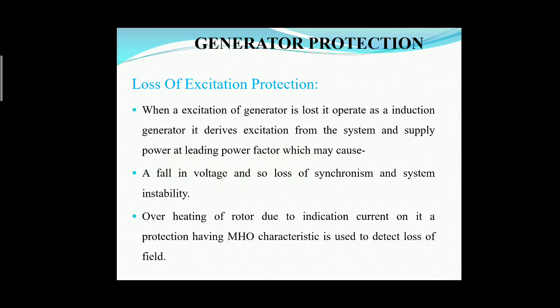In that case we identify it by using the relaying signal: a fall in the voltage and loss of synchronism, and then the system becomes unstable. There is also overheating of the rotor due to induced current. Mho characteristics are used for detecting the loss of field.